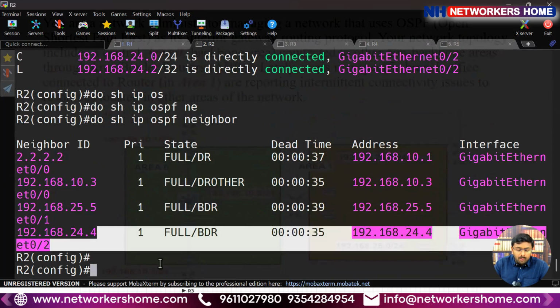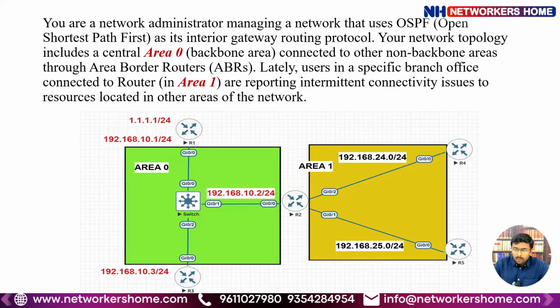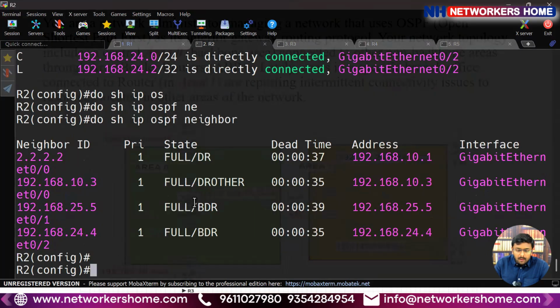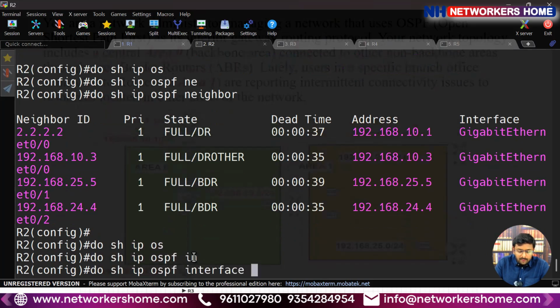Now what if, on the router 2, on the interface 0/0, I change the network type. So first we will see how to check that network type. If we come to interface 0/0, we give the command do show IP OSPF interface.